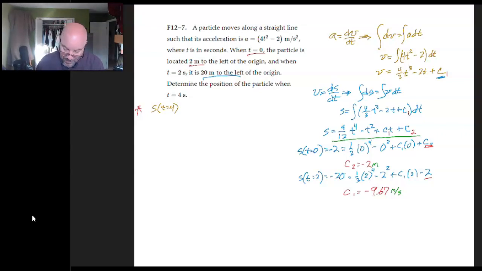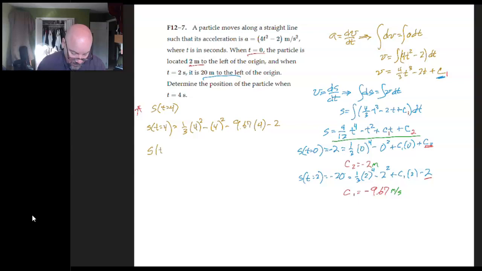Alrighty, so let's come back all the way over here. S evaluated at t equals 4. What we're going to have is 1/3 t to the 4th power, and we're putting 4 in there, minus t squared minus 9.67t minus 2.